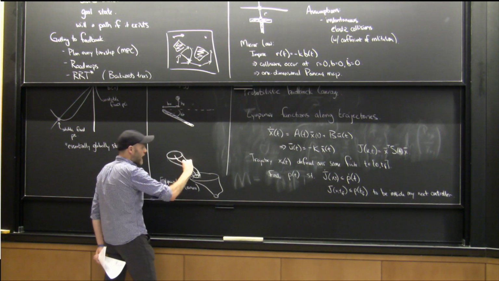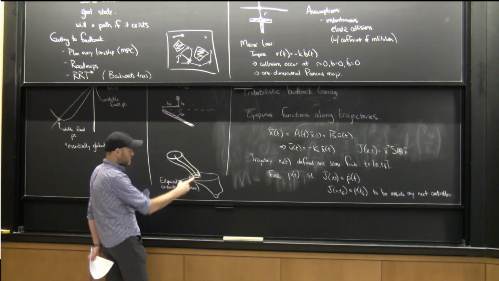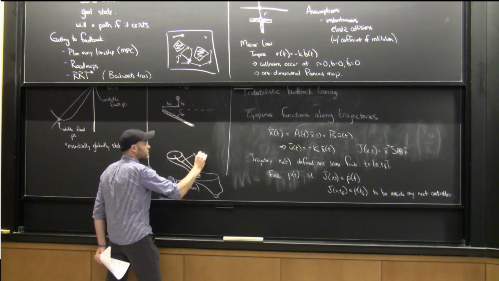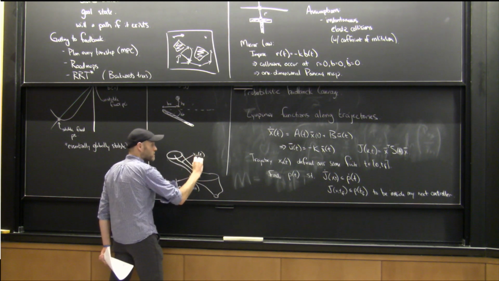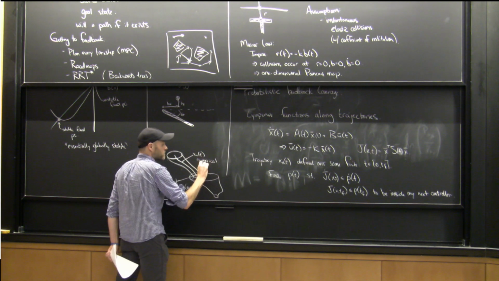One of the problems is that I'm getting these trajectories out from a motion planning system. So this is my x0 of t. It's a numerical approximation, sometimes a pretty coarse approximation.